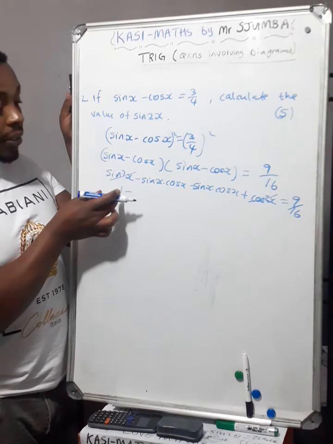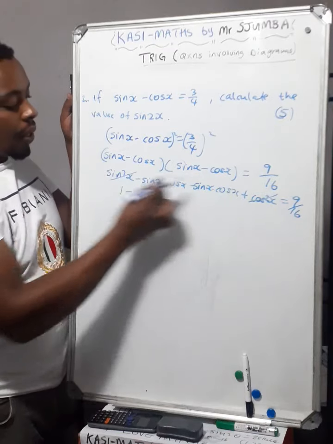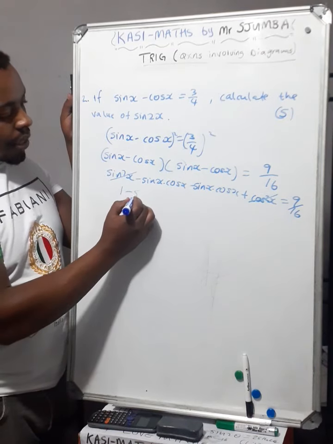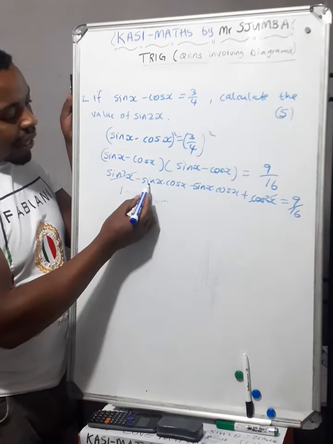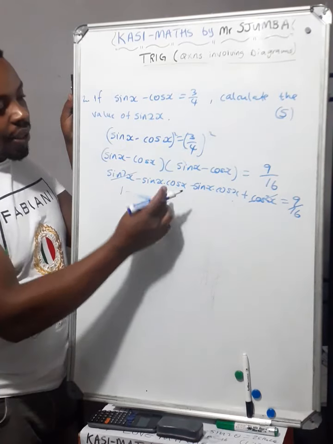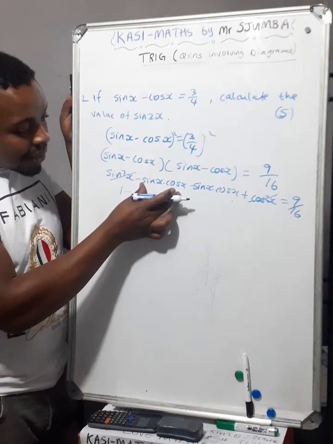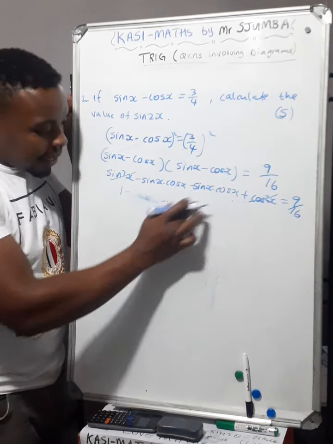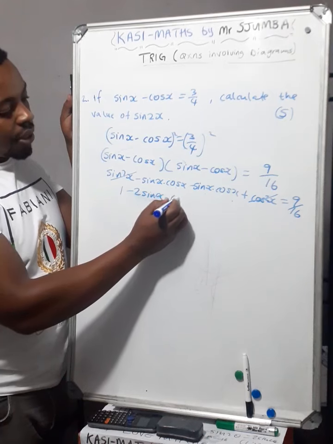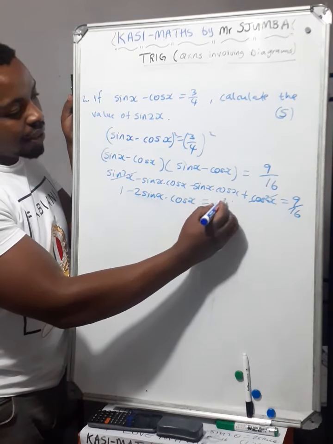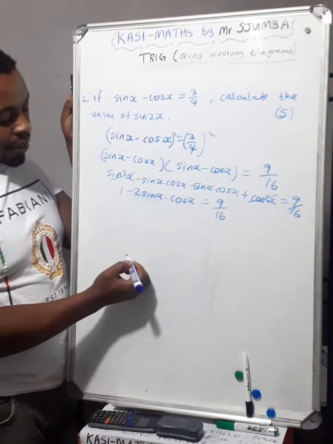It's the square identity. Sine squared plus cos squared equals to 1. Bese la kusala sine x or bese sine x cos x, sine x cos x, they are like terms. So minus sine x cos x minus sine x cos x is minus 2 sine x cos x. It still equals to 9 over 16.